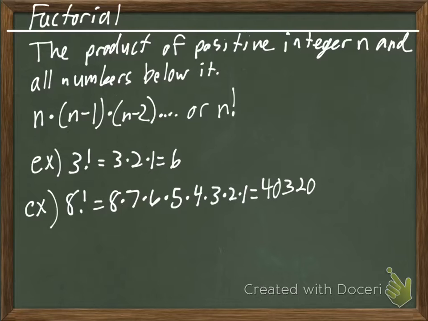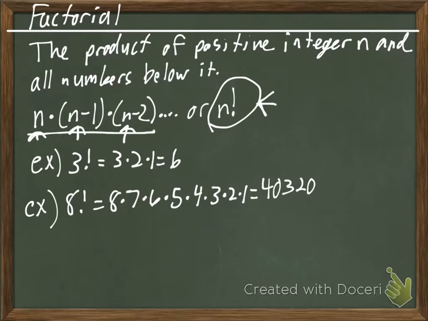So this is represented like this. So if our number is n, our next number is n minus 1, and then n minus 2, or we just represent it with this. It's n, and then that exclamation mark means factorial. So this part here is read as n factorial.